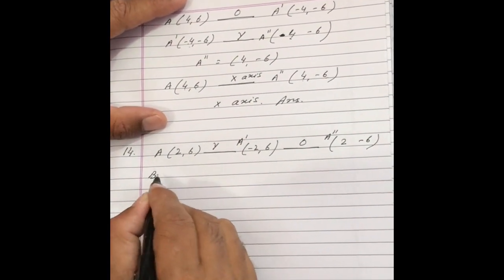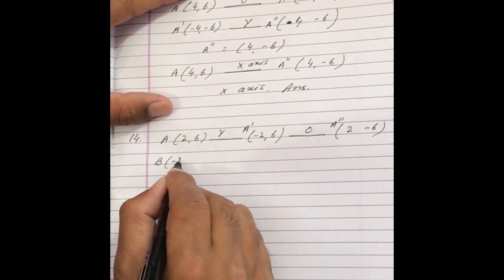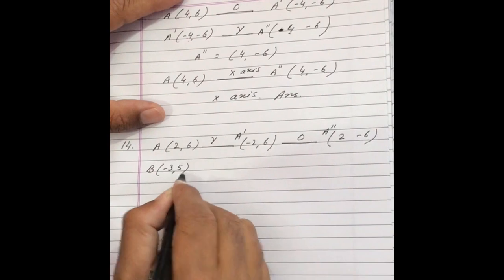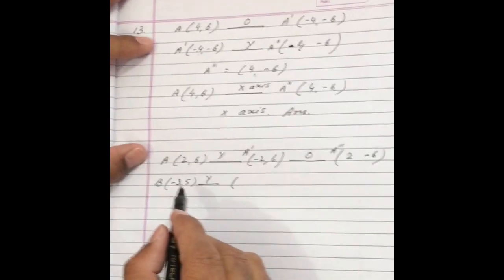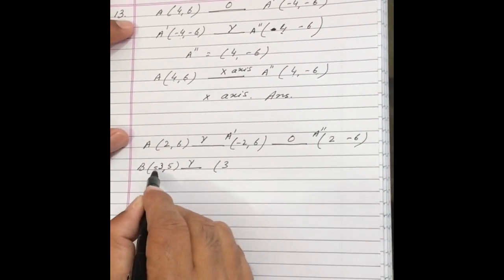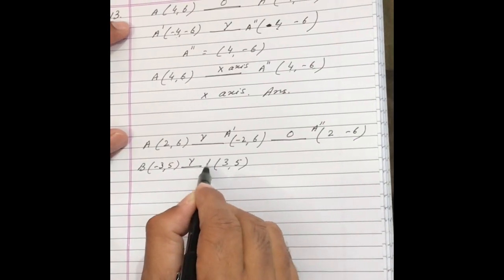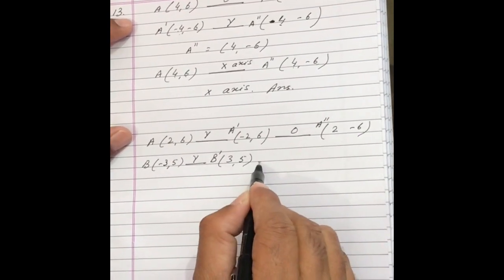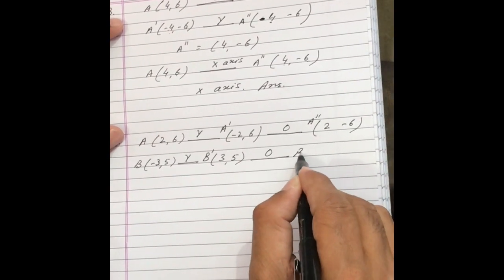Then B is minus 3, 5. I reflect in the y-axis. When I reflect in the y-axis, the sign of x will change. It will become 3. Minus 3 will become 3. 5 remains as it is. It is B dash. Then I reflect in the origin to B double dash.